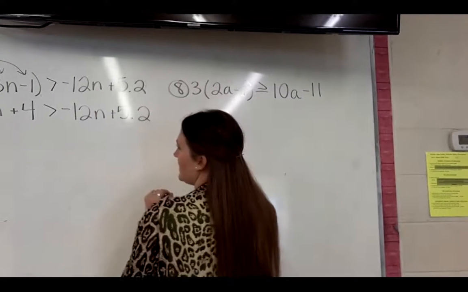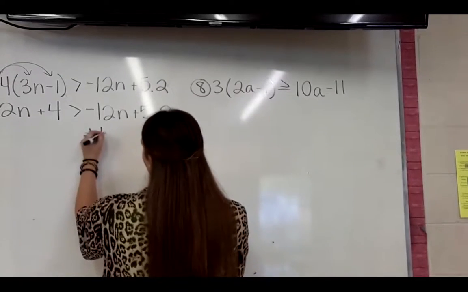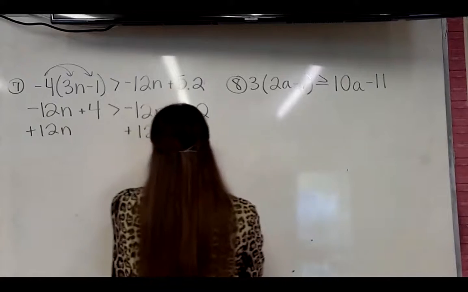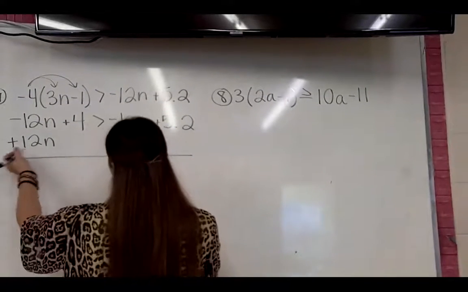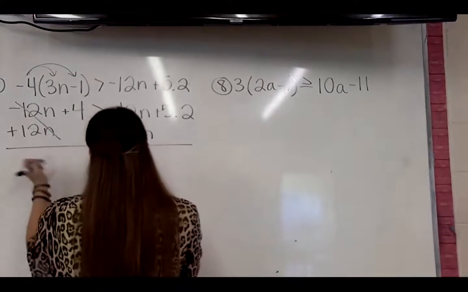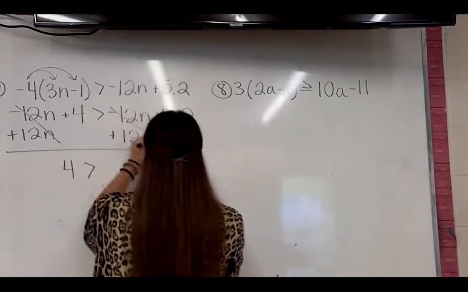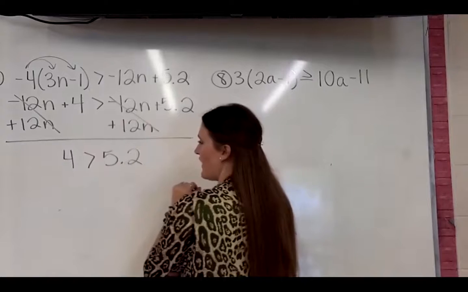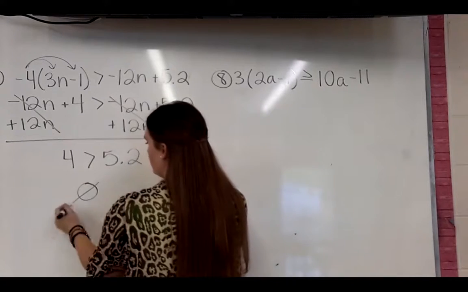Okay, I've got to get my n's together. So I'm going to add 12n to the other side. Negative 12 plus 12 cancels. This says 4 is greater than 5.2. No, that is not true.